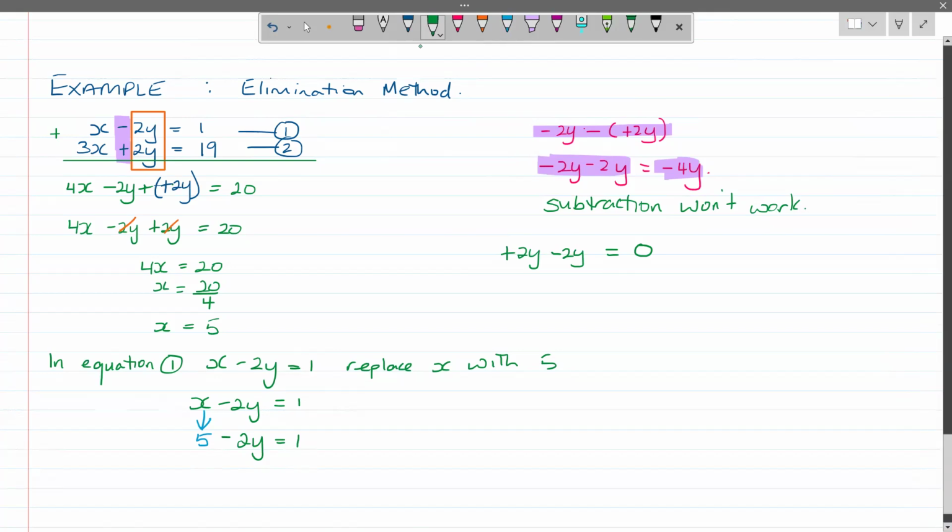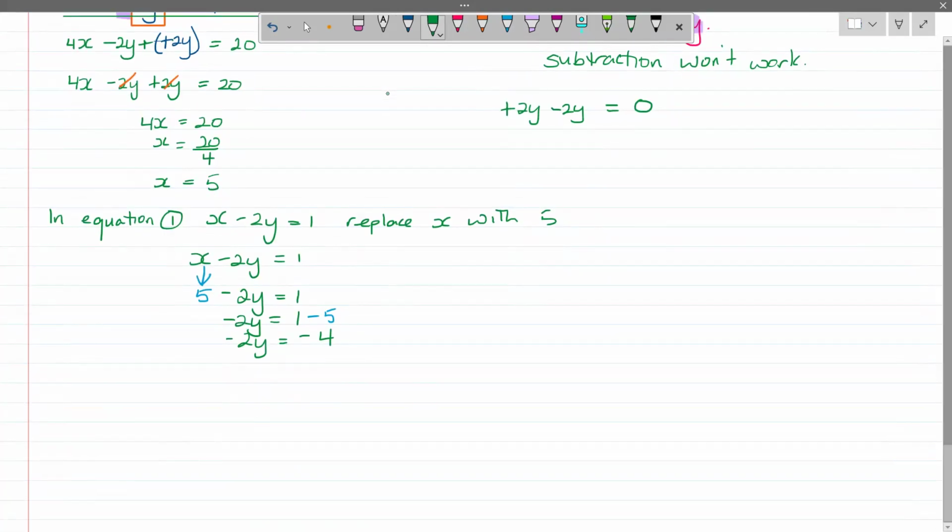If I carry this 5 across the equal sign, it becomes negative 5. And I will now get minus 2y is equal to minus 4. And y will be equal to minus 4 over minus 2. y will be equal to positive 2.